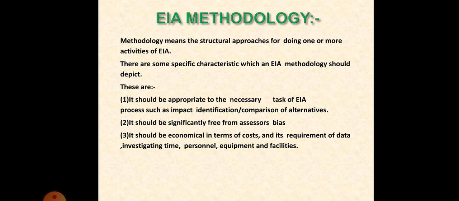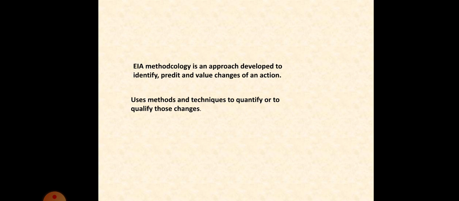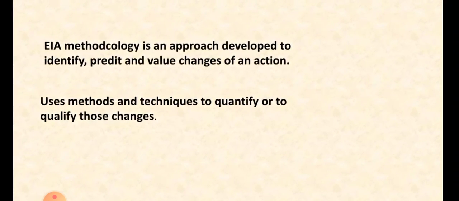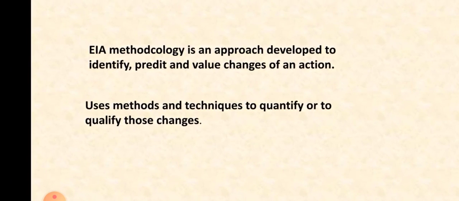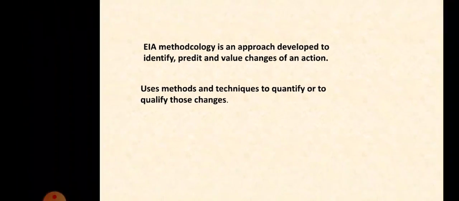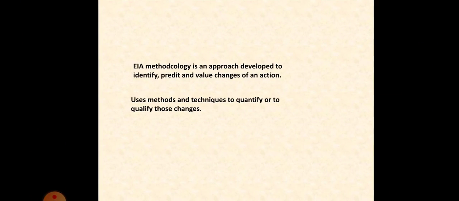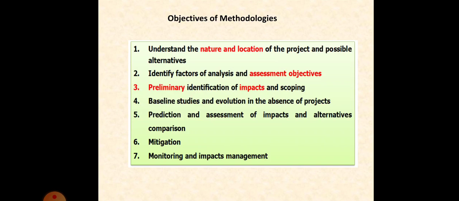It also depends upon the mitigation measures, the compensation, and as well as the follow-up. So we can say that EIA methodology is an approach developed to identify, predict, and value changes of an action, and it uses methods and techniques to quantify or to qualify those changes. Change means the change after the project has been implemented.